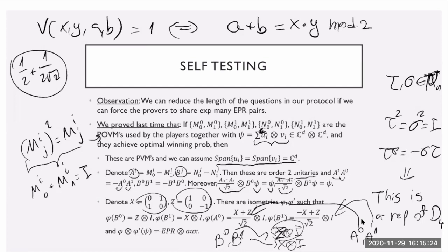So this is just taking two other matrices that give you the same irreducible representation. Yes, so this is just an isometry.